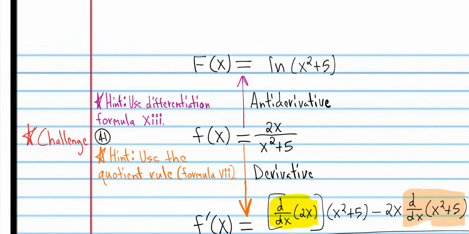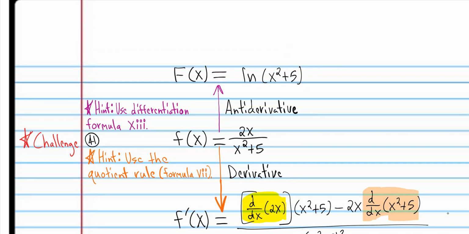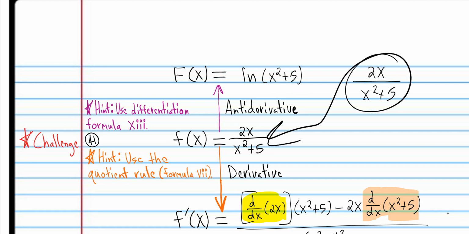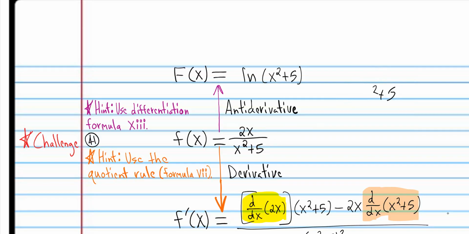Formula number 13 tells us that if you want to find the derivative of a natural log function, the derivative is the derivative of the function inside the natural log divided by the function inside the natural log. That's exactly what we have down here. So that was kind of a tricky one, but that is your answer.